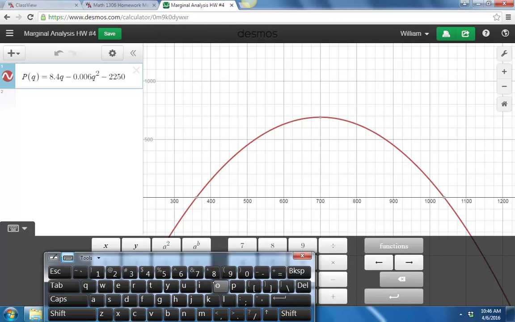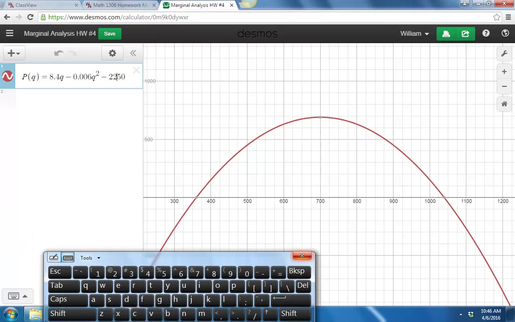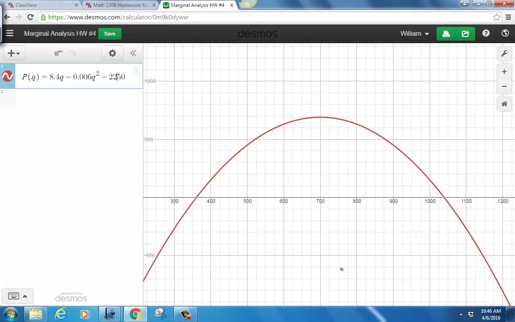So you can see what's happening to the profit here, right? Okay. As our production level goes up, here's the production level, right? So as our production level goes up, our profit is indeed increasing, right? So that's good. And right there, notice right there is a break-even point, right?